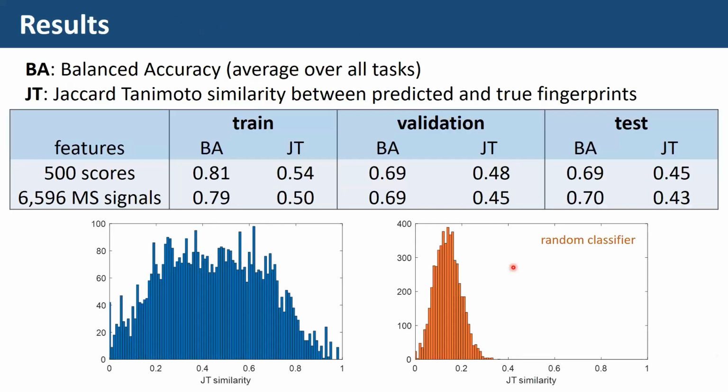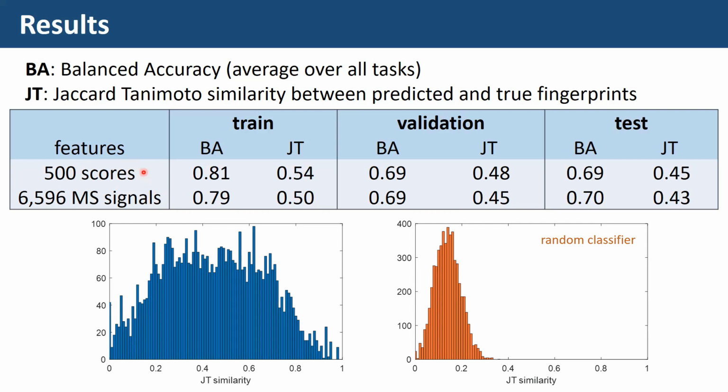These are the results we got, in terms of balanced accuracy and Jaccard-Tanimoto similarity between the predicted and the true fingerprints, on the train, validation, and test set, with the neural networks calibrated on the raw MS spectra and on the 500 PCA scores.